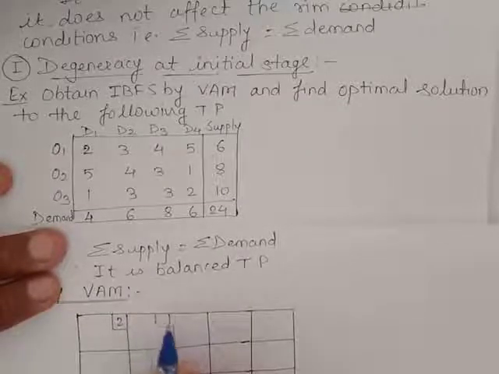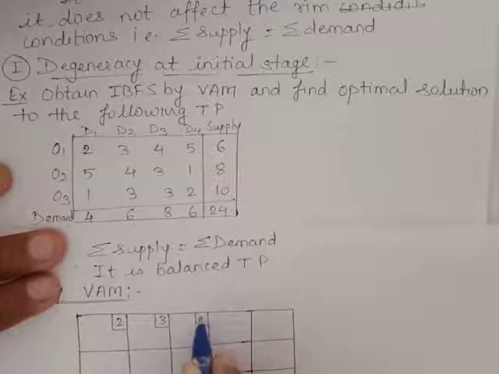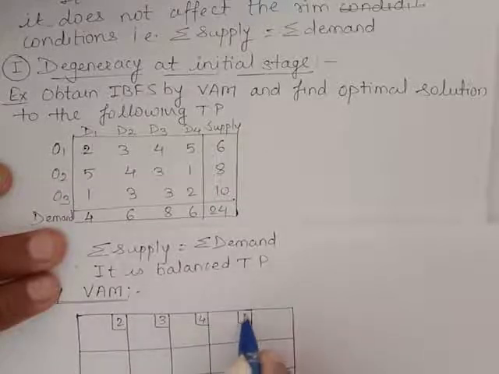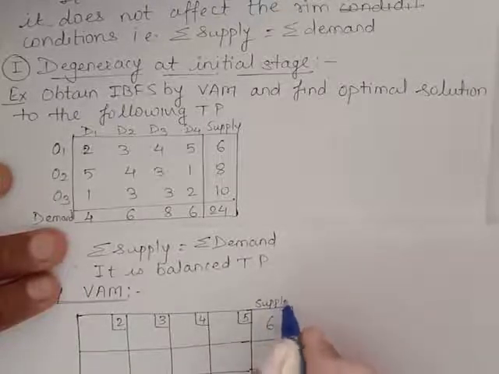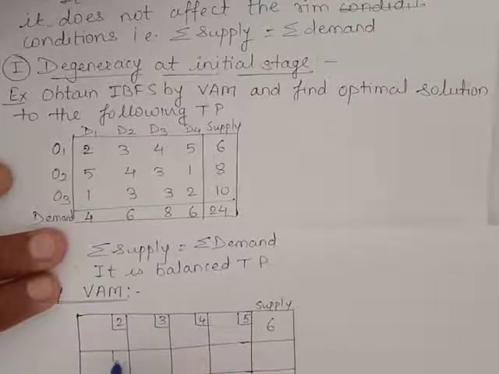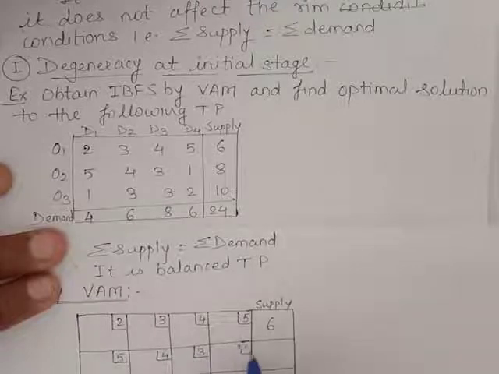This is 2, 3, 4, 5, 6, where the last is supply. Then 5, 4, 3, 1.